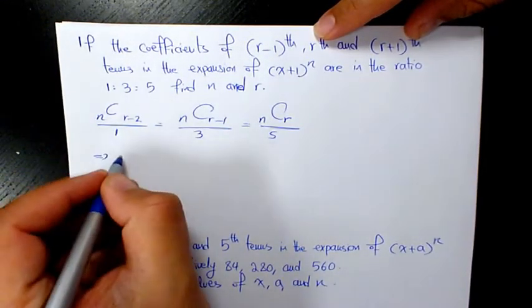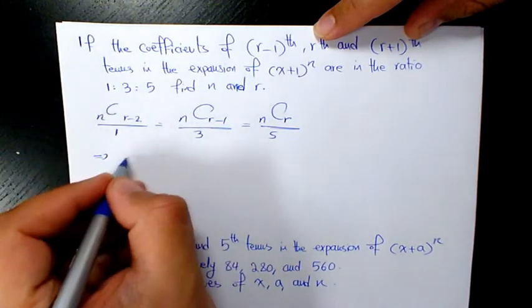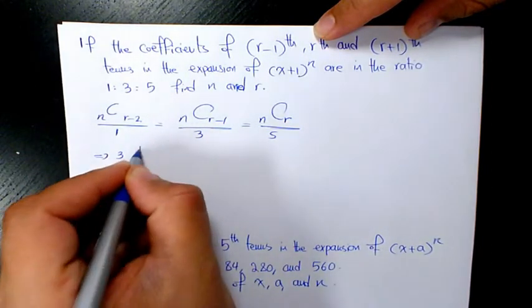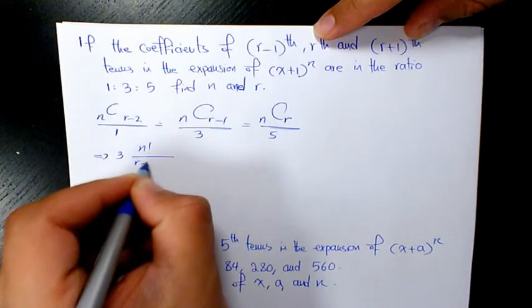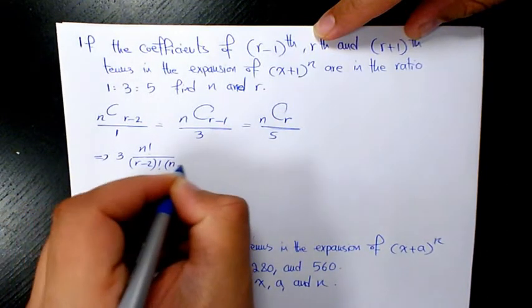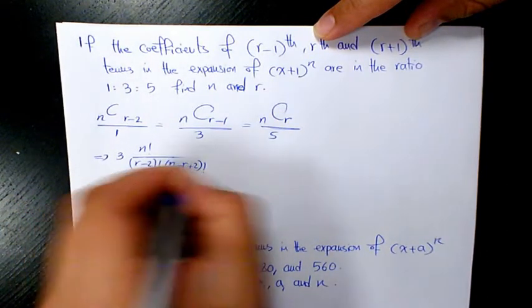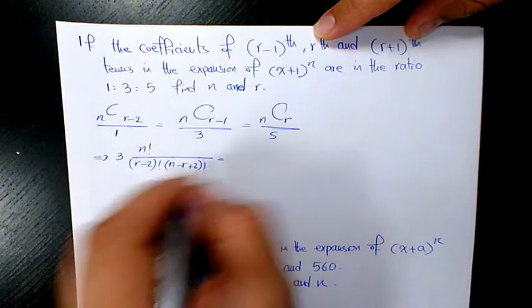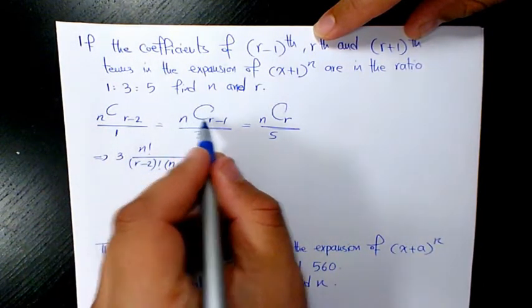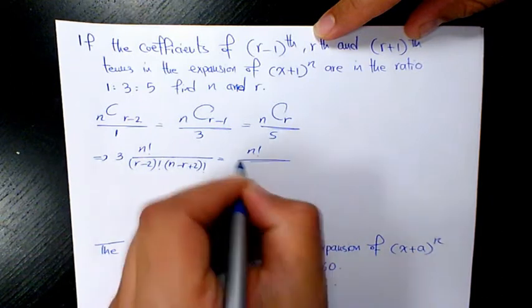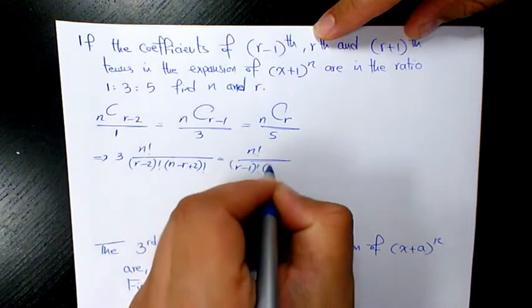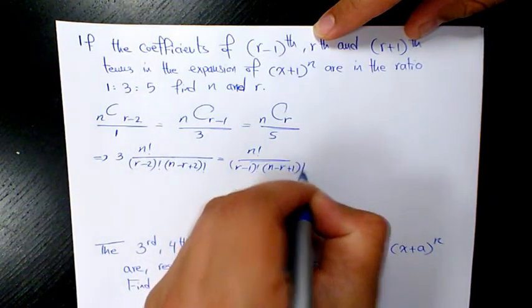Basically when you do this, it's going to be 3 times n factorial over r minus 2 factorial n minus r plus 2 factorial equals n factorial over r minus 1 factorial n minus r plus 1 factorial.